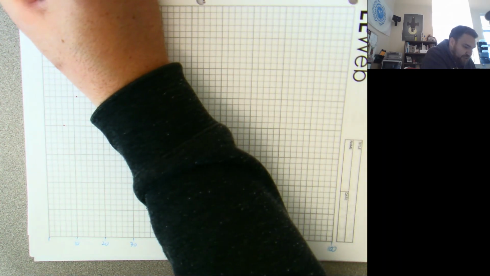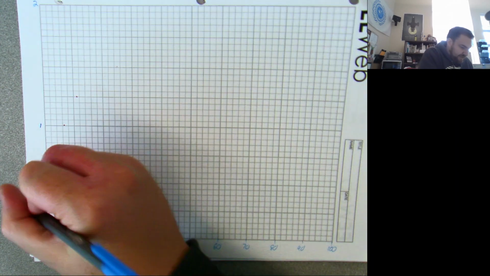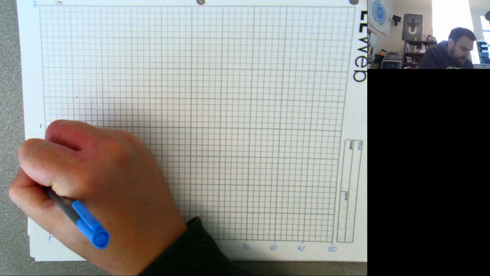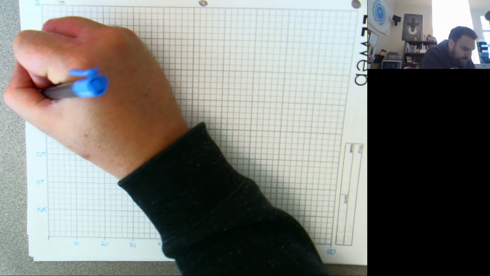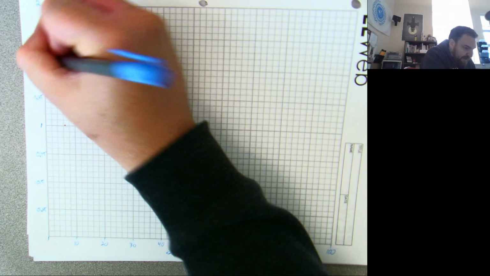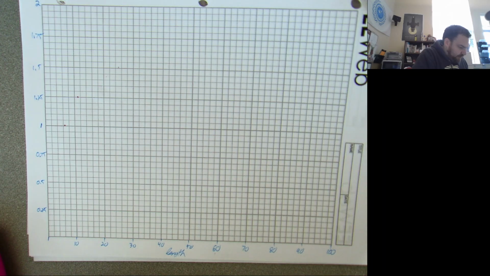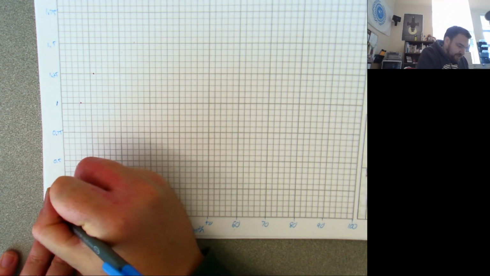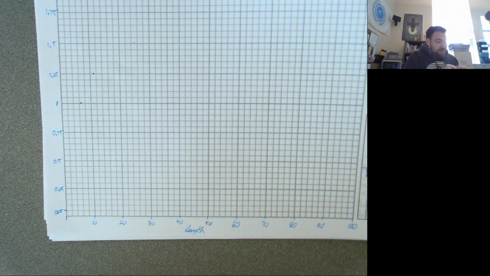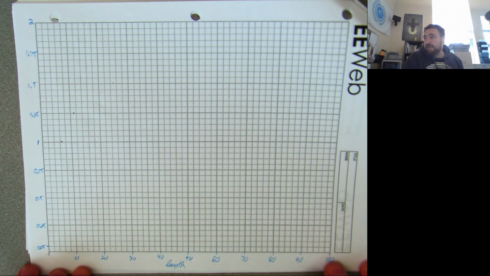If I call that 2, and I go up 1, 2, 3, 4, and I call that 1, then this one's going to be 0.25, 0.5, 0.75, 1.25, 1.5, 1.75, and then each one of those squares is going to be 0.05, I think. Yeah, one of these squares represents 0.05, just to cover as much of this graph as I can. That is how I would scale this thing.